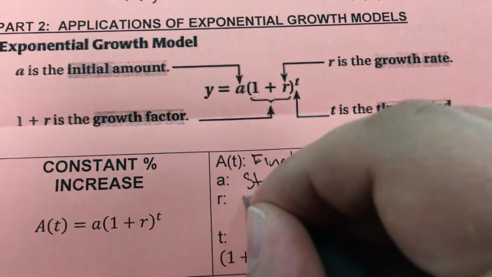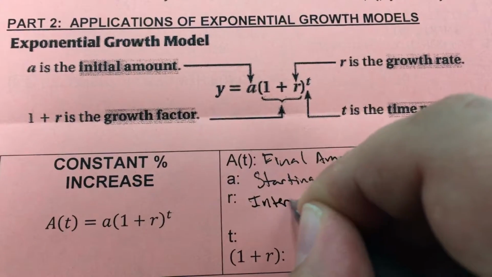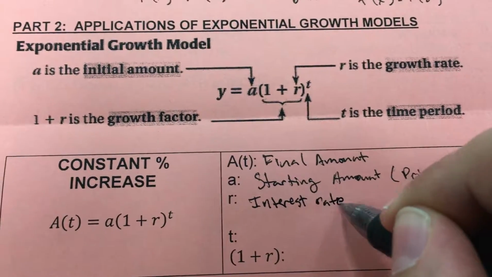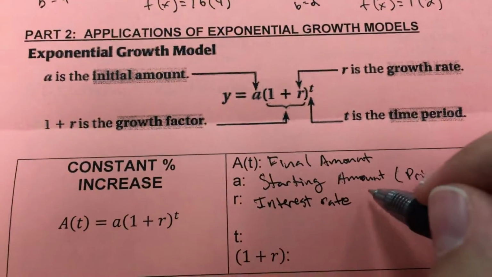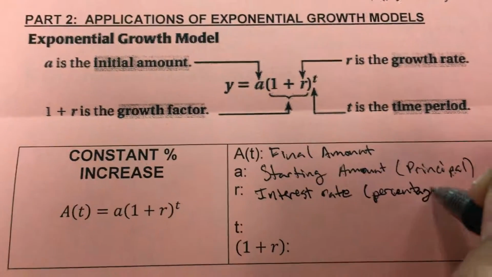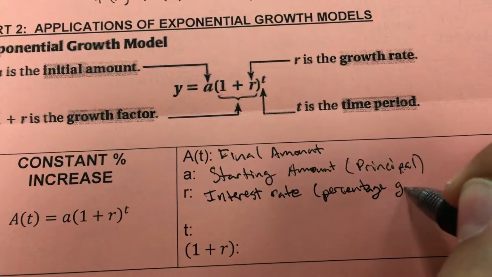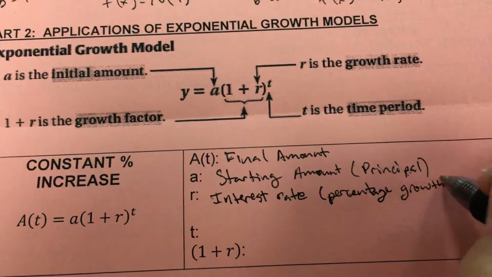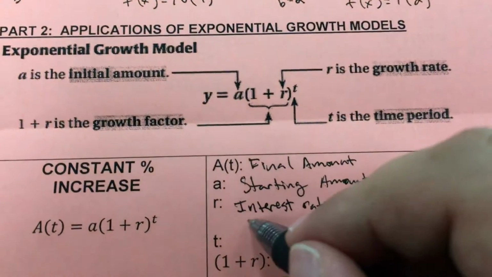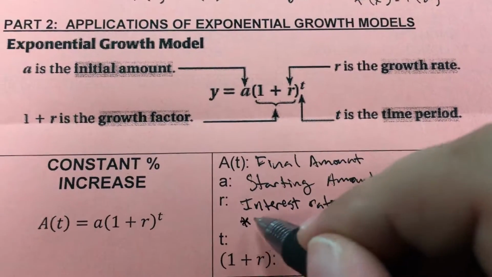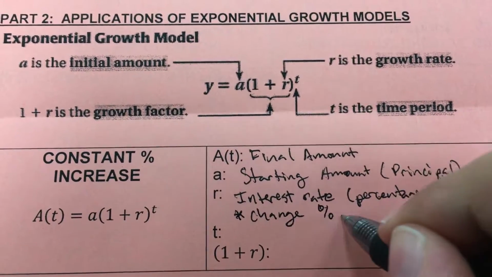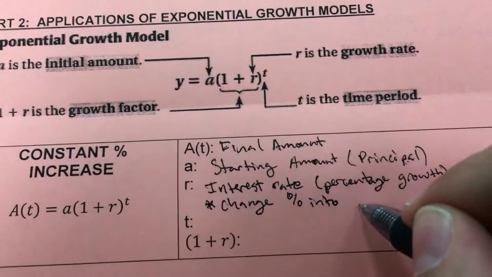So interest rate for money, or if it was just a percentage growth, that's what you'd have there. Okay, and you're always going to change percent into decimal.